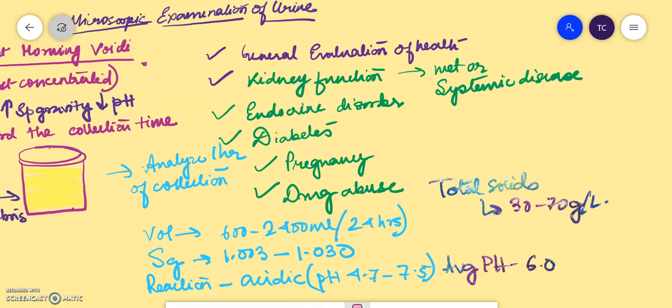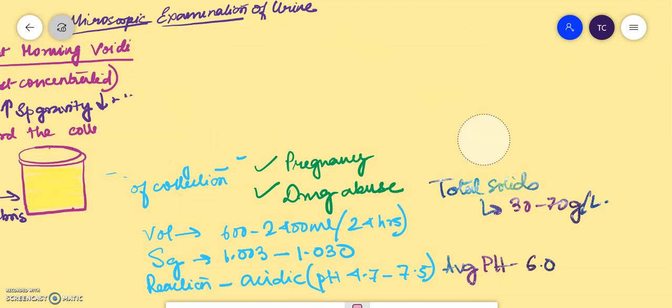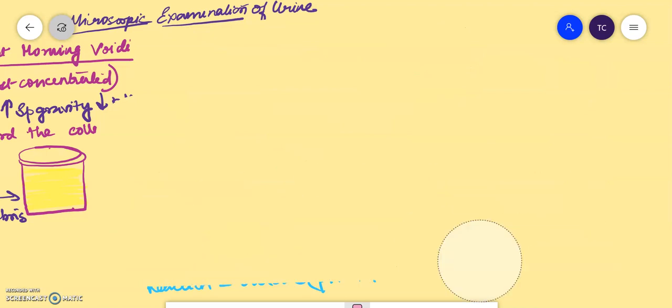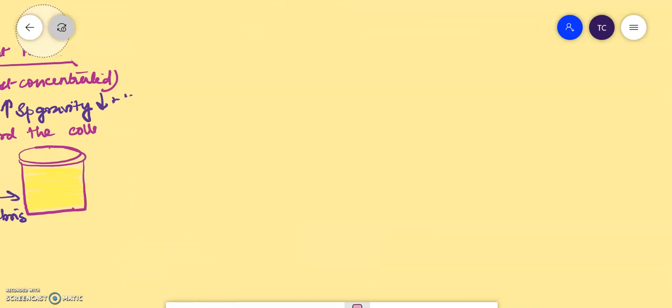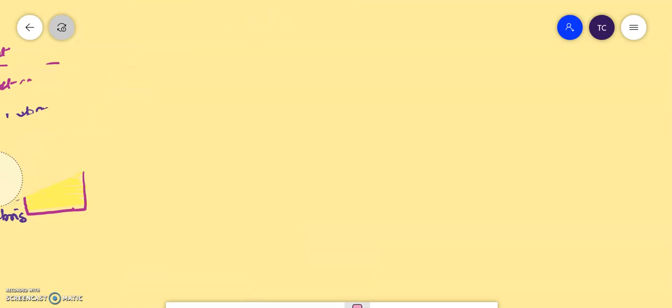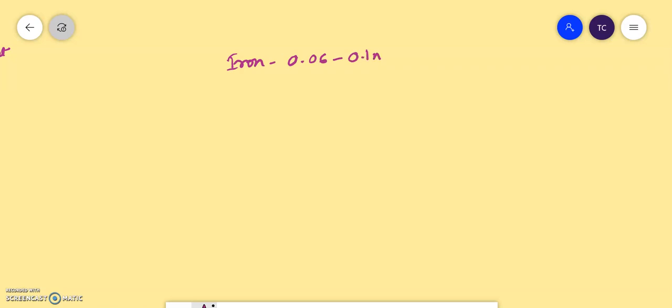There are also certain inorganic constituents of the urine comprising iron, chlorine, sodium, phosphate, sulfur and calcium, each with a particular concentration. Iron 0.06 to 0.1 mg. Then chloride 9 to 16 gram.